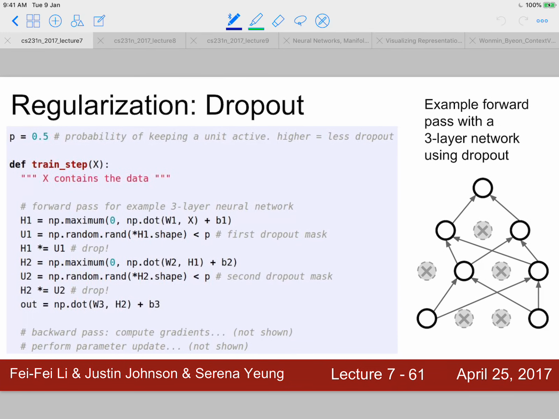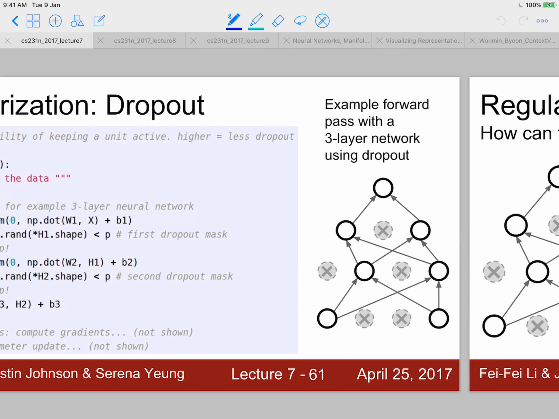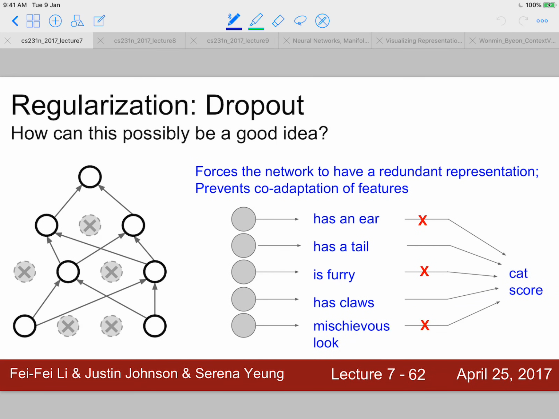Okay, I believe you guys have understood the main idea of the dropout. The main idea of dropout is that we don't want to rely on only some small portion of the information, right? So if we want to recognize a cat, we want to aggregate all the information that are given to us, instead of just relying on a single particular piece of information.